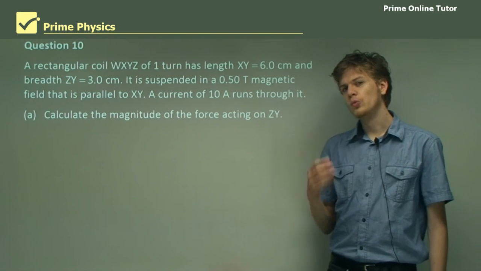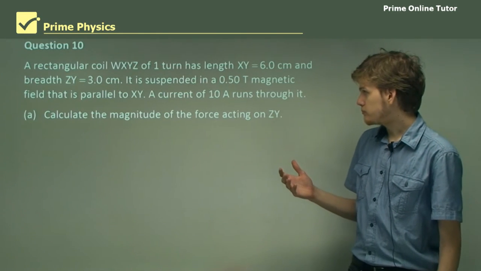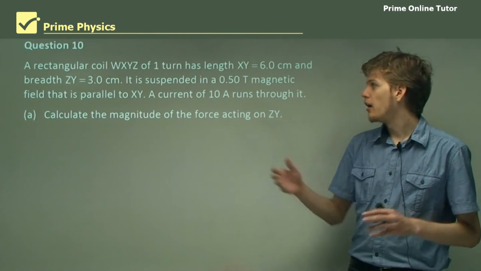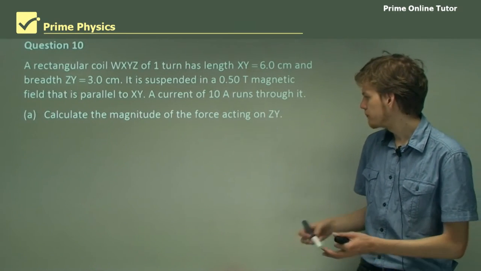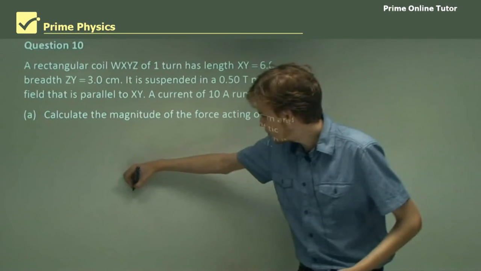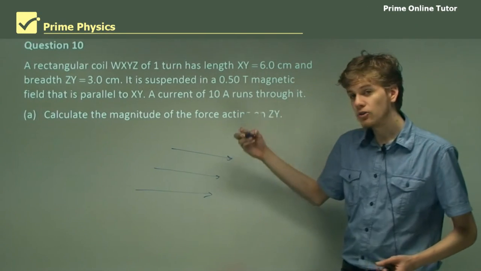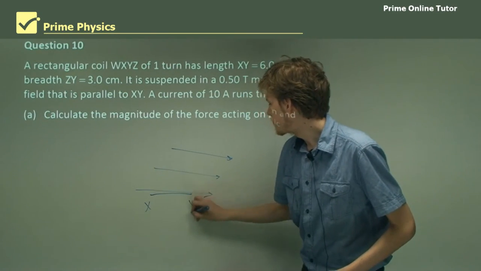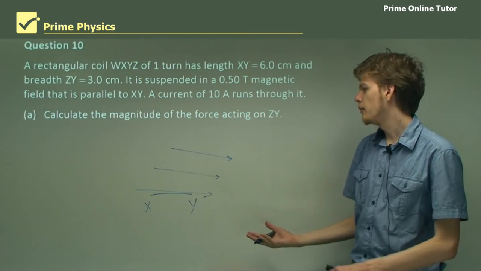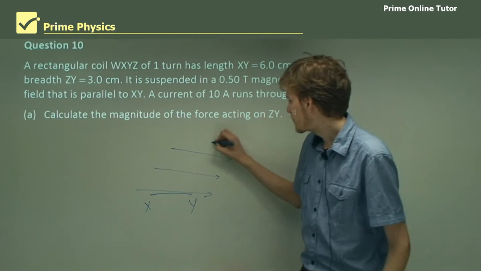So what angle will ZY form with the magnetic field? We know that XY is parallel to the magnetic field. So if we were to draw the magnetic field like this, then XY would be in the same direction. And therefore, so would WZ, right?